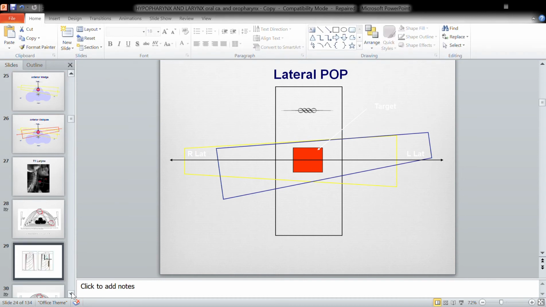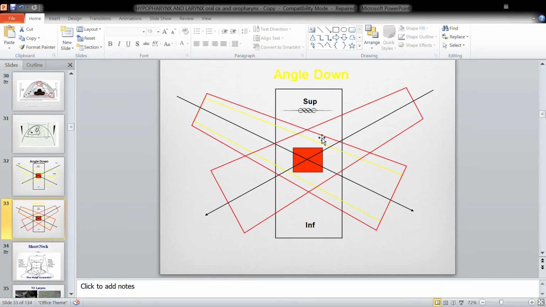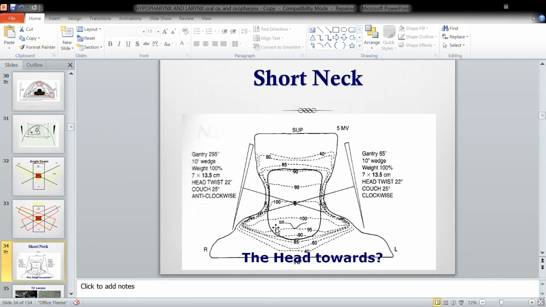In a very similar way in hypopharyngeal cancer patients, if you do that, please be generous and open your field, especially up and down. This is the same as what we call the inferior angulation.